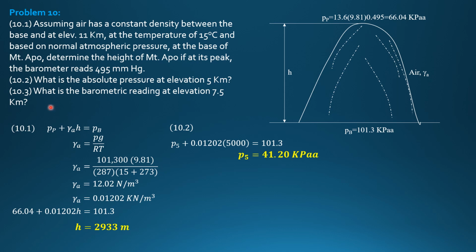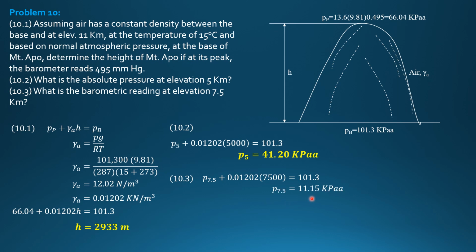Then in 10.3 we do the same thing. Pressure at 7.5 absolute plus 0.01202 times 7,500 equals 101.3. Then from there, the pressure is converted into height of mercury column by dividing it by the specific weight of mercury, which is 13.6 times 9.81.